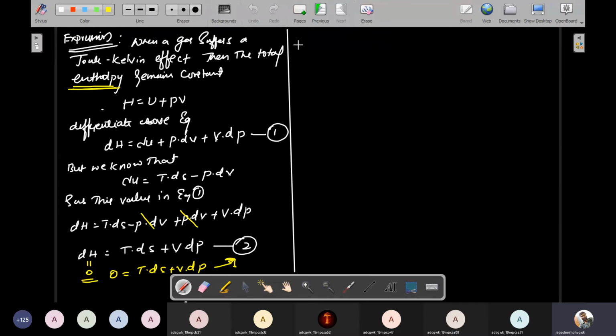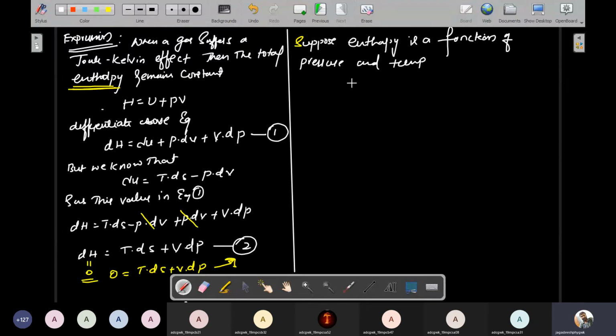Suppose we consider that entropy is a function of pressure and temperature.